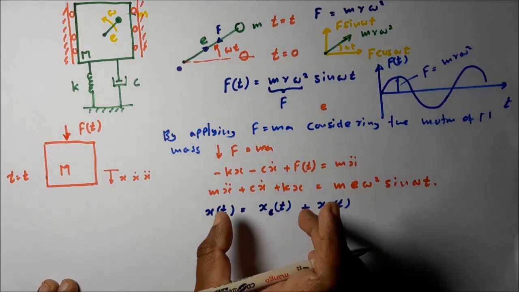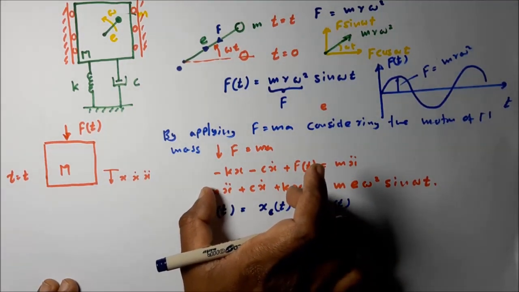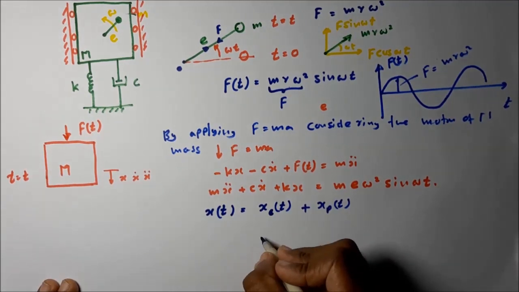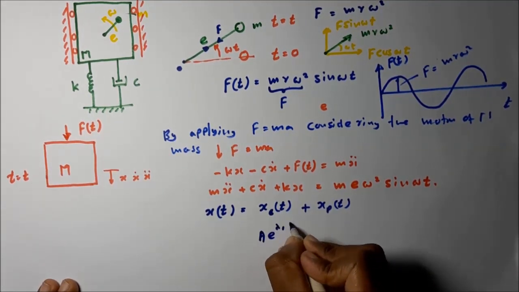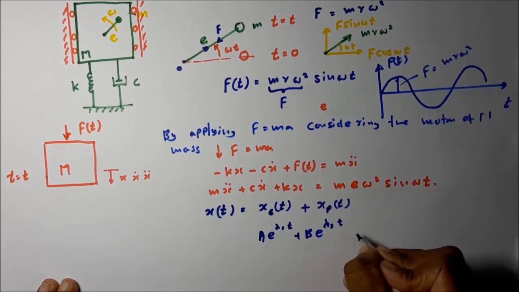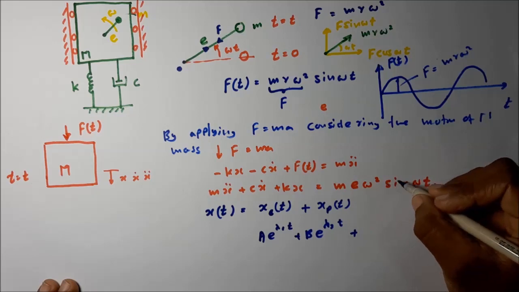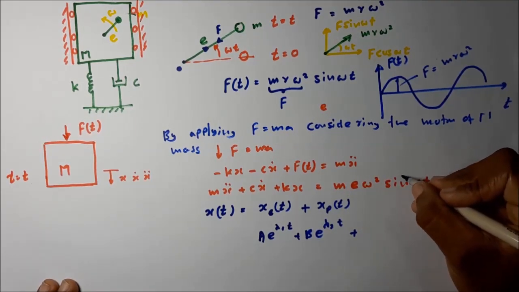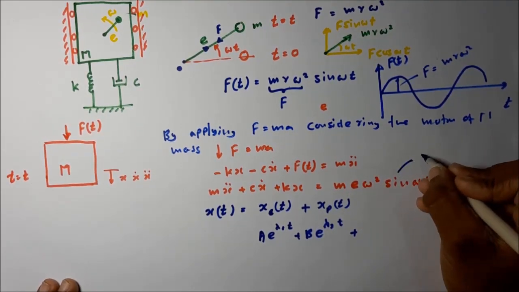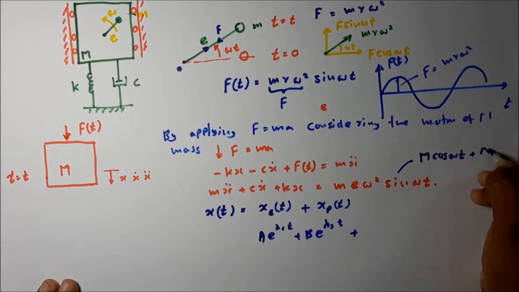We obtain the complementary function solution by equating the left hand side to 0, that means A e^(lambda1 t) plus B e^(lambda2 t). For the non-homogeneous sine or cos part, we get M cos omega t plus N sin omega t.